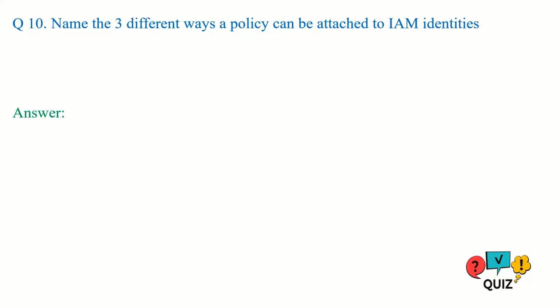Name the 3 different ways a policy can be attached to IAM identities. I can just give you a hint. This is about while creating an IAM user, you have 3 ways to attach a policy. You will see that screen, correct? Can you recall?